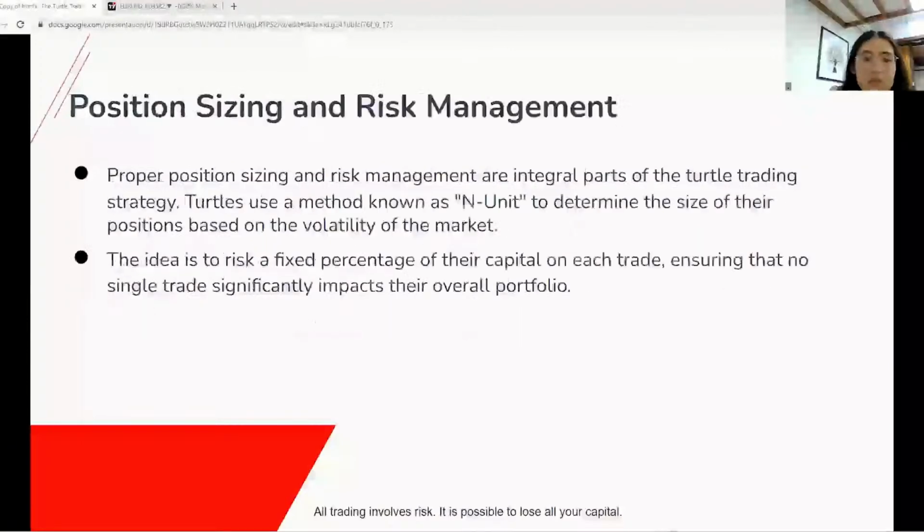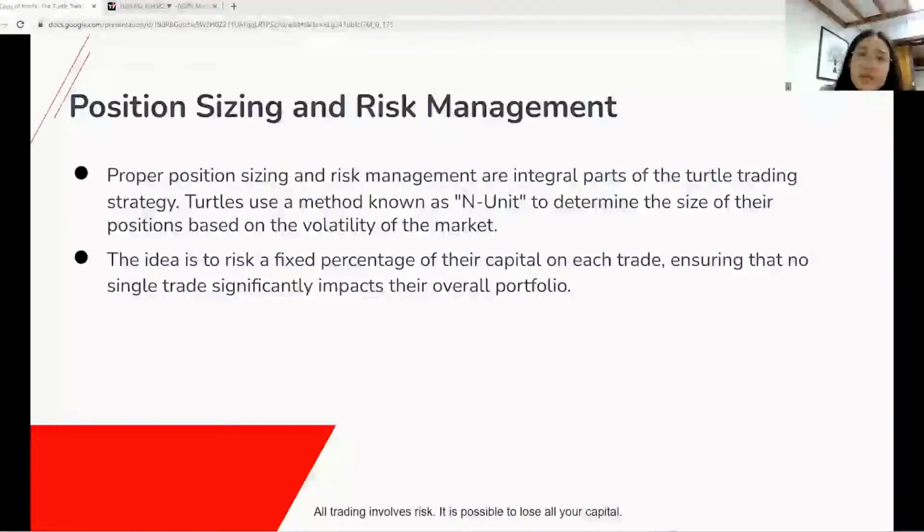Okay. So next we have position sizing and risk management. Proper position sizing and risk management are integral parts of the turtle trading strategy. Risk management is still pretty important in today's context for any trading strategy, but we'll get into that a little later on in this presentation.